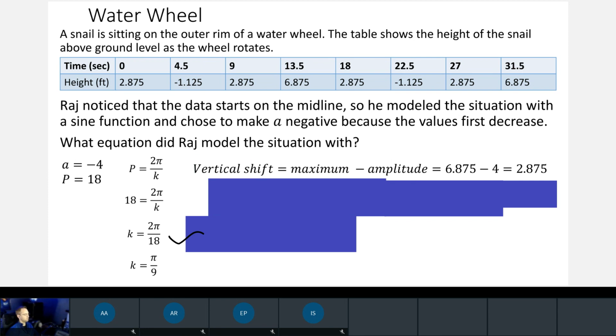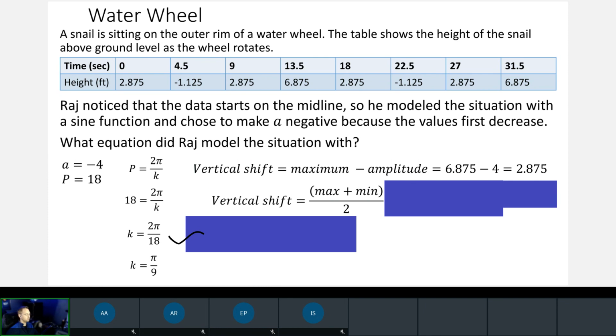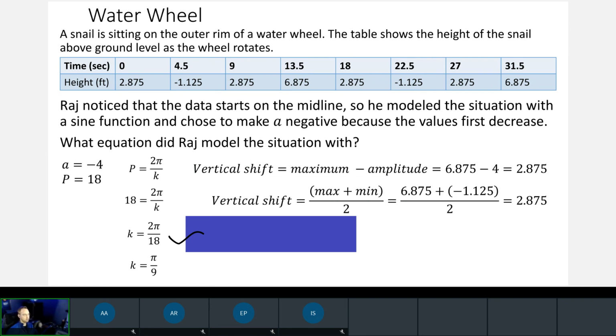Yep. We also could have done the max plus the min, divide that by 2 to get the same answer. So I have the work for doing it both ways just to show that it works, and then we just write the equation.